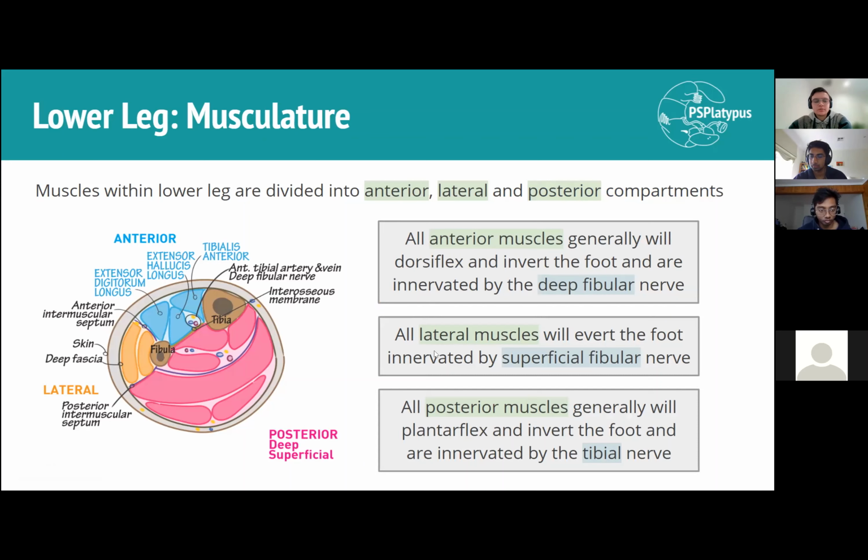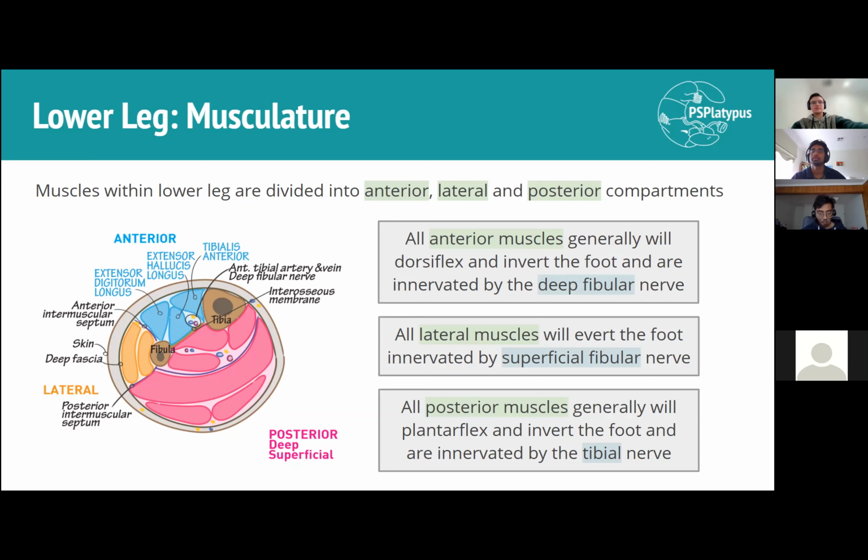Now, general rules still apply. If you think about anterior muscles, and I know this is a bit forward thinking because we haven't really covered the motions of the foot yet, so it might be difficult to explain things like dorsiflex, invert, and all these different terminologies, but I'll try my best to talk about them a little bit.